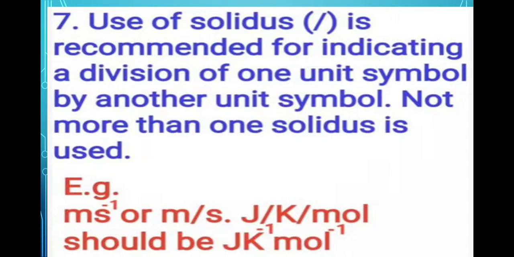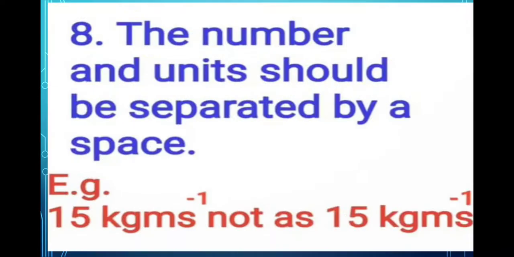Not more than one solidus is used. Example, meter second minus 1 or meter slash second. Joule slash K slash mole should be written as J K to the power minus 1 mole to the power minus 1.